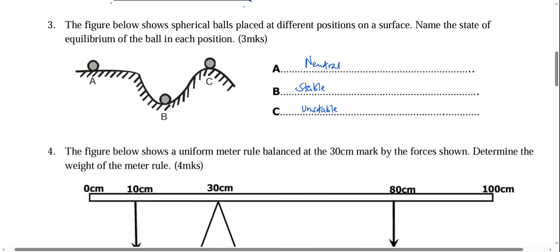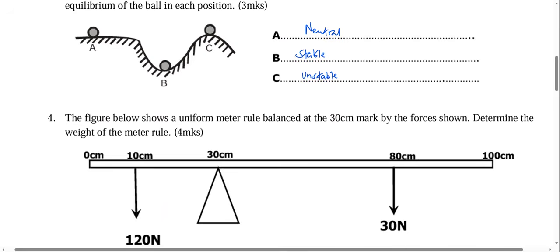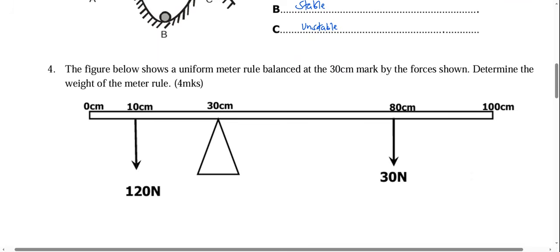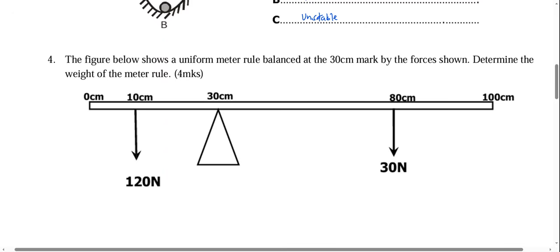Now let's look at question number 4. Question number 4, the figure below shows a uniform meter rule balanced at the 30 centimeter mark by the forces shown. Determine the weight of the meter rule.